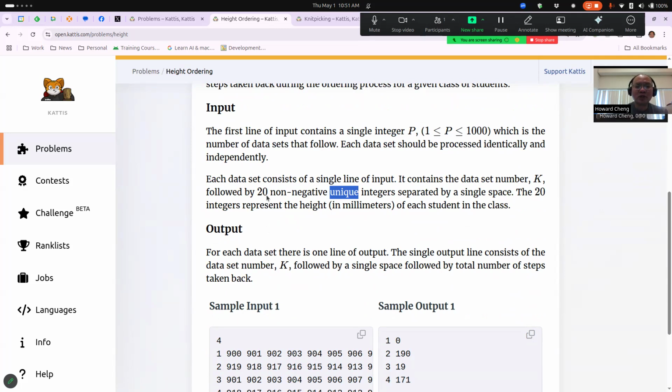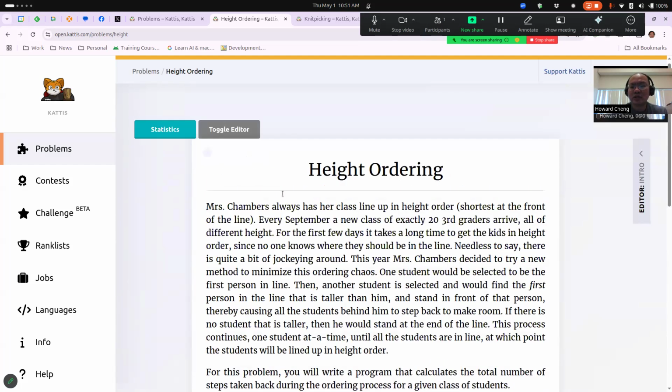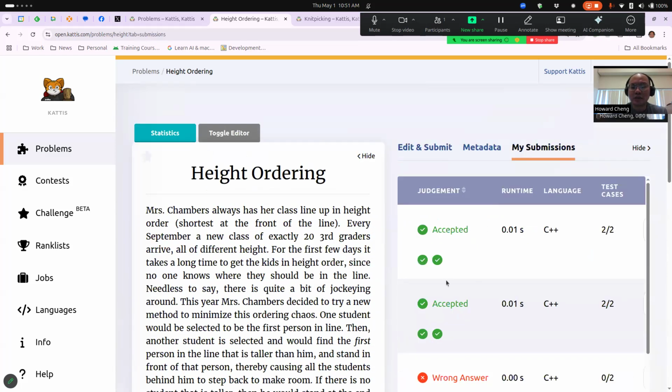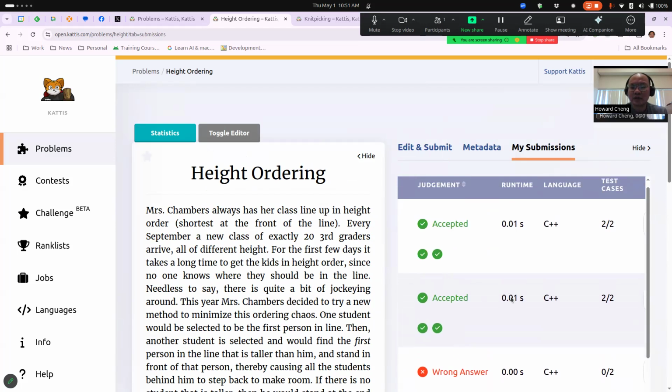Now, because there are only 20 people, you could actually just implement insertion sort using your favorite reference or you do it yourself, and then count every time you insert somebody, how many steps you move. Okay, so go and look up insertion sorts and try different things.